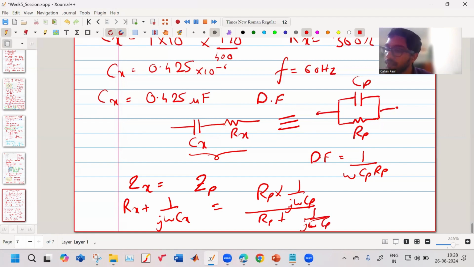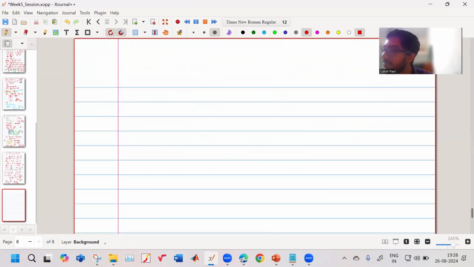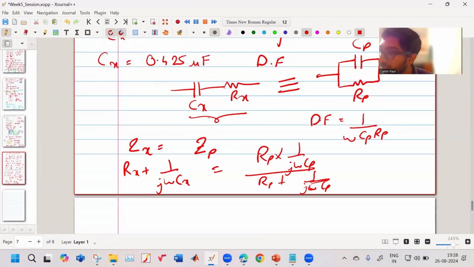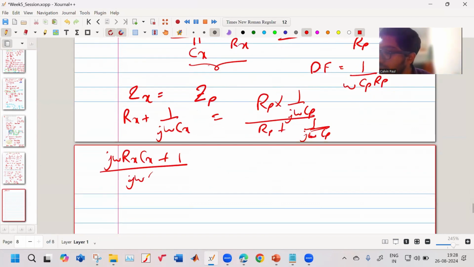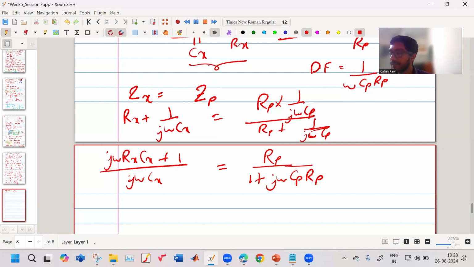Right? Now, I have this Rx plus 1 upon j omega Cx is equal to Rp upon 1 plus j omega Cp into Rp. Right?